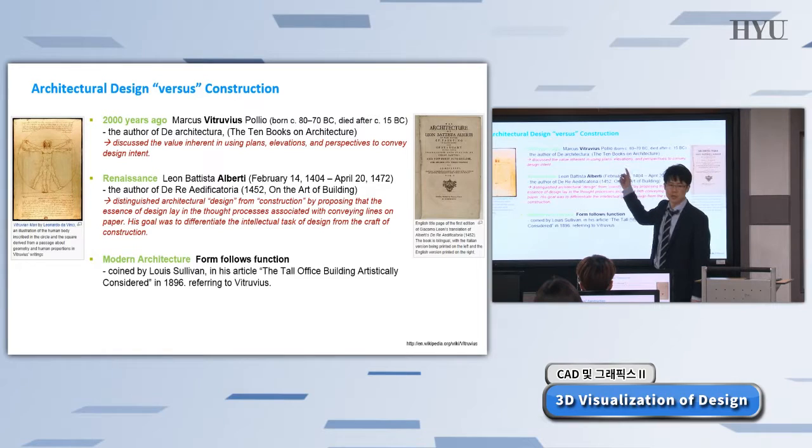But for building construction, as well as building maintenance, facility management, geometric shape is also important and critical, but we need more information, okay, in terms of building life cycle.